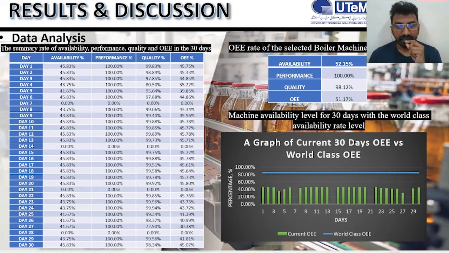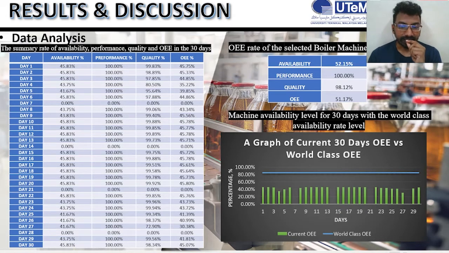The overall availability, performance, quality, and OEE rate of 30 days is calculated. The graph there shows the OEE value for 30 days being compared to the world-class rates. As we can see here, the company selected did not achieve world-class level, where the OEE rate for the overall 30 days was averaged at 51%.